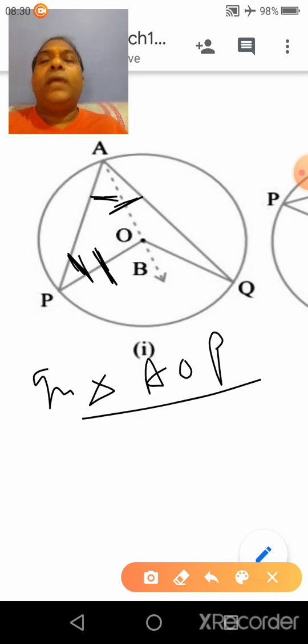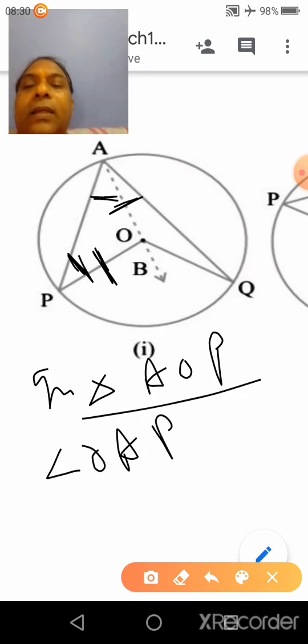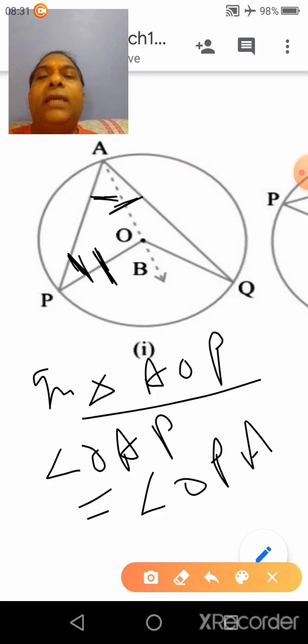Clear? So OA is equal to OP because both are radii. So you can write angle OAP is equal to angle OPA. Clear? Because OA is equal to OP, radii of the circle.